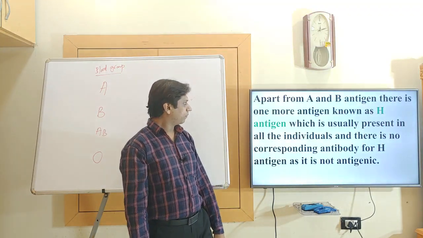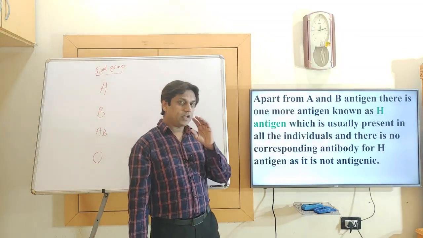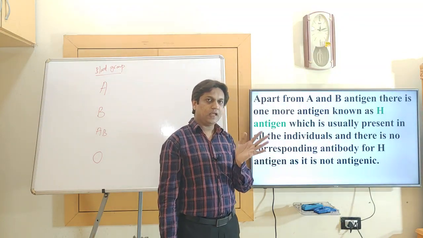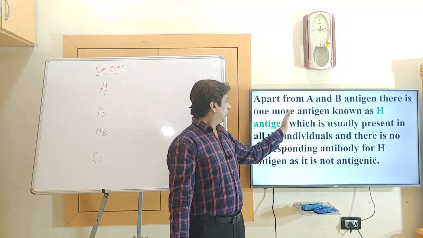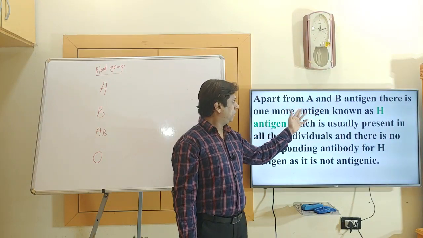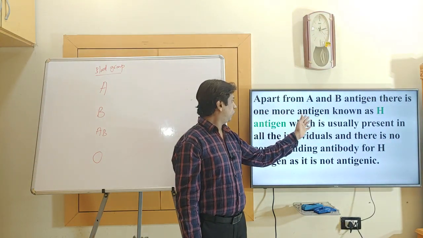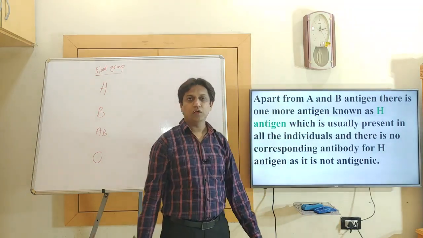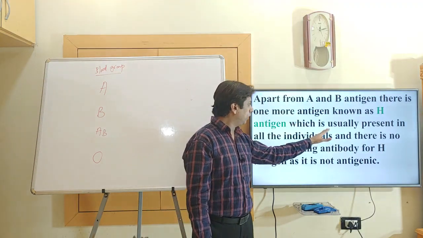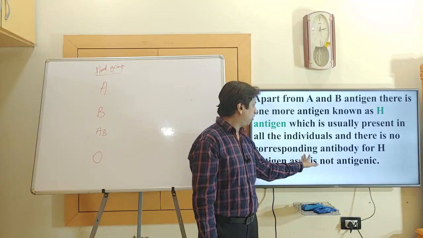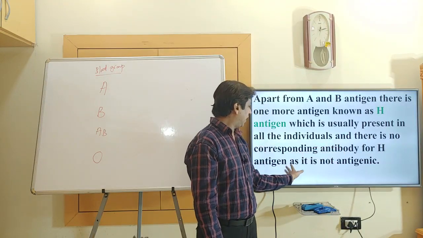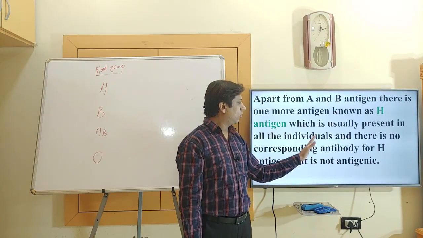As I already mentioned while describing the chemical structure of the A and B antigens, apart from these there is one more antigen known as H substance or H antigen, which is usually present in all individuals, and there is no corresponding antibody for the H antigen as it is not antigenic.